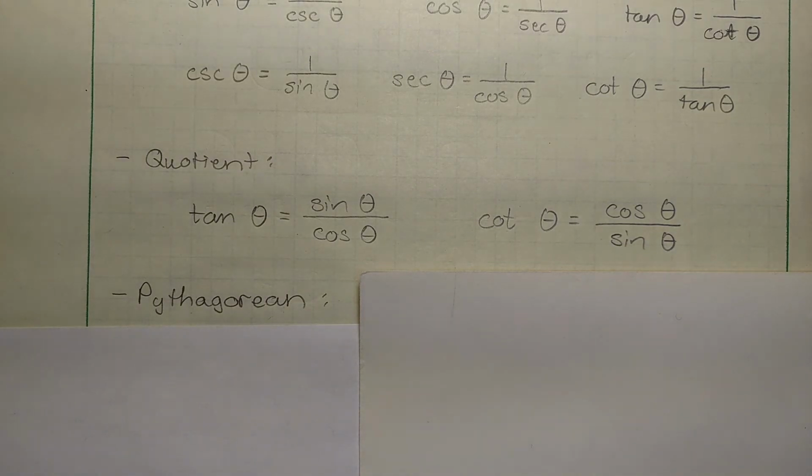I could show you where these things would come from, just like I did there with the quotient identities. I'll quickly show you where it comes from so it can make some sense.